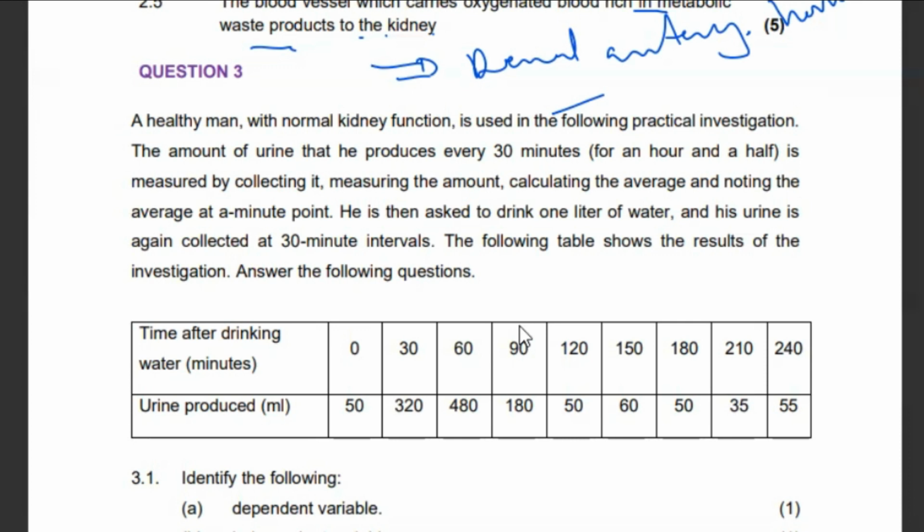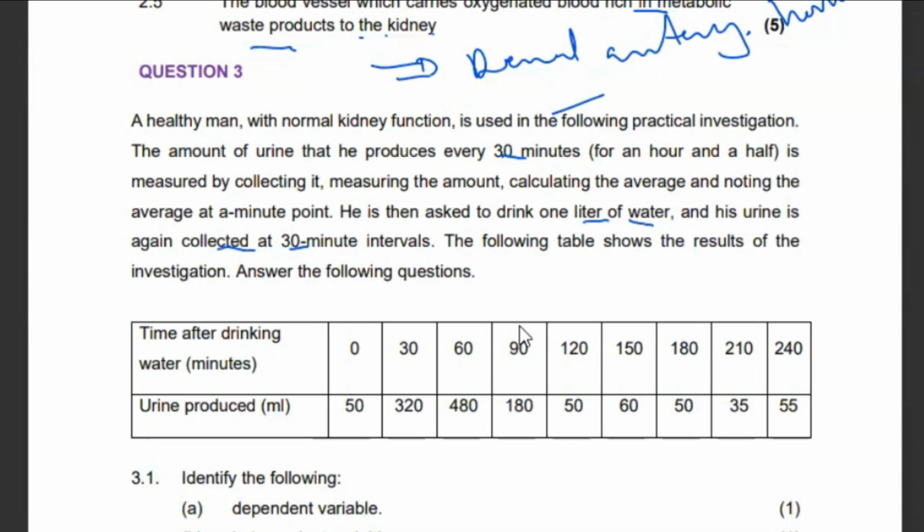The amount of urine is measured after 30 minutes and in an hour. He is then asked to drink 1 liter of water, and his urine is again collected at 30 minute intervals. Then it shows the results.